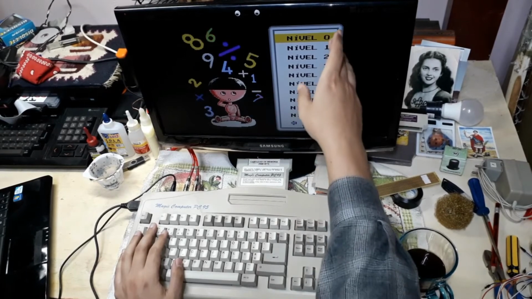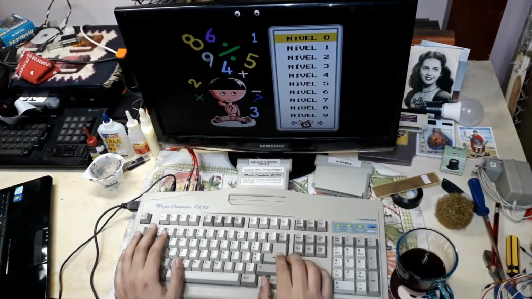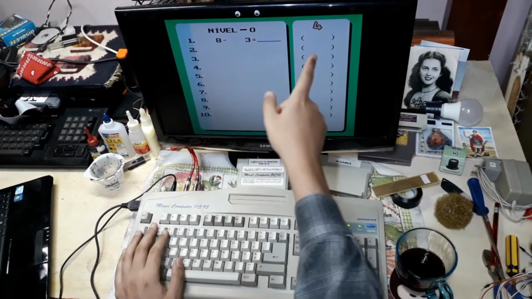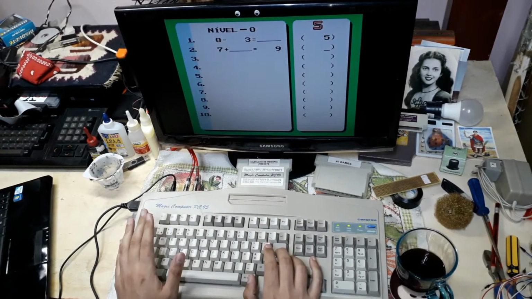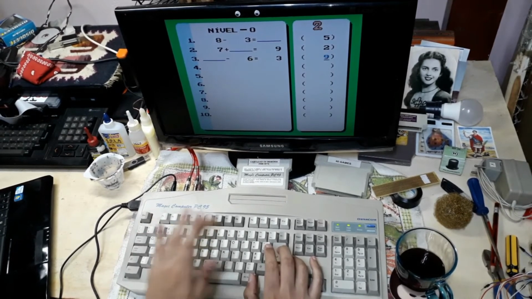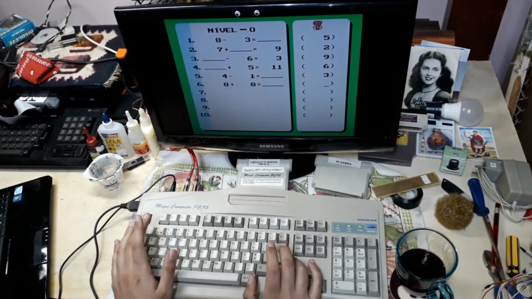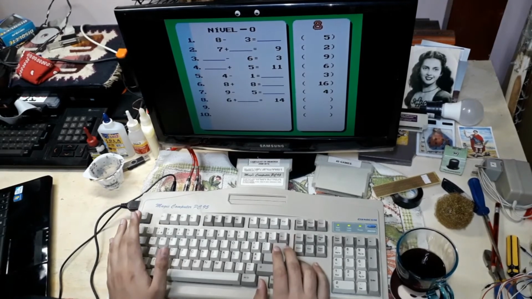So, level 0 up to 9. I guess there's more. Let's try something. Level 0. Oh, I have time. 5. Oh, it's 2. Okay, so 9, 6, 8, 3, 16, 4.